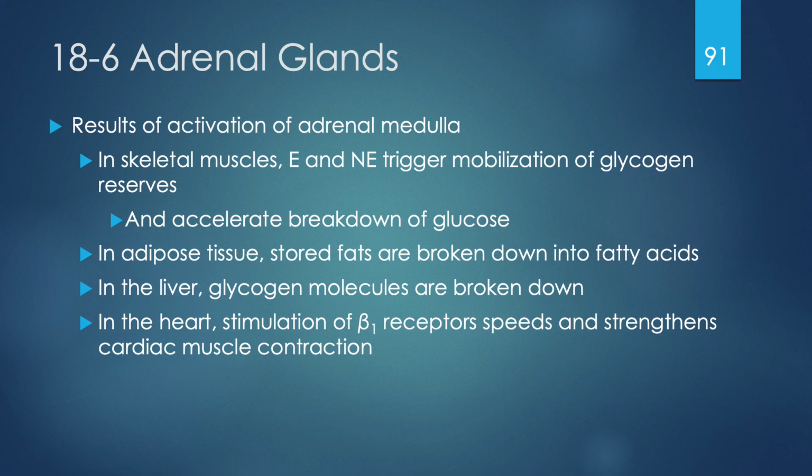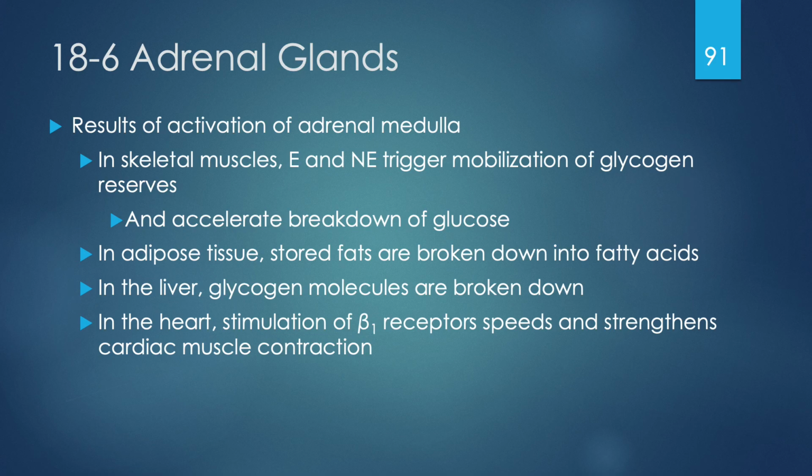When the adrenal medulla is stimulated by the sympathetic division of the autonomic nervous system, in skeletal muscles epinephrine and norepinephrine trigger the mobilization of glycogen and also speed up the breakdown of glucose. So both of these serve to give us immediate energy. Also, stored fats are broken down into fatty acids, so that they can be mobilized for rapid energy.